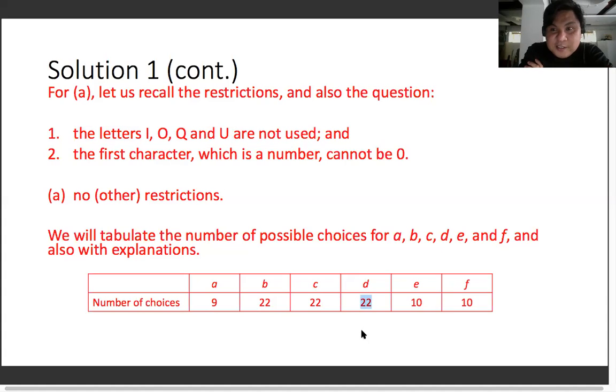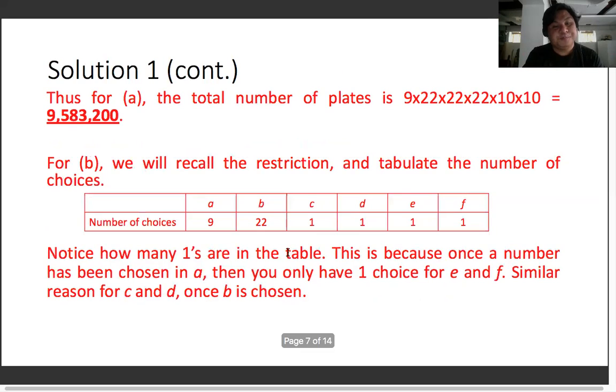All right, so now we actually have all the possible choices for all possible positions. And because the Maryland plate is made up of 6 characters, we need all 6 of them to determine the total number of plates that we have. So since we need all of them, they have to happen all together. We need to multiply all of these numbers together.